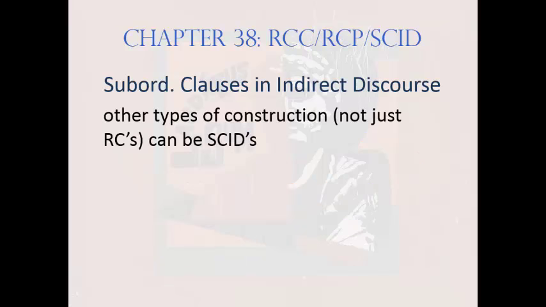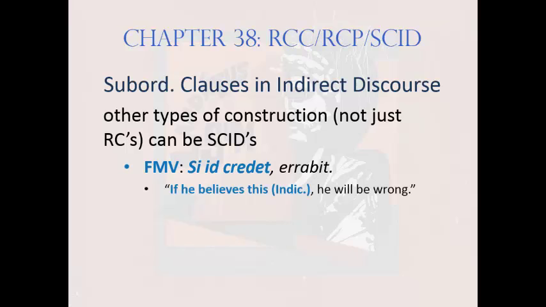While skids are often relative clauses, that's not the only type of construction which can be hypercorrected into the subjunctive. Conditions can too. For instance, "si id credet, errabit," meaning "if he believes this, he will be wrong." This is a standard condition, a future more vivid, in which the future indicative is used in the protasis, credet.